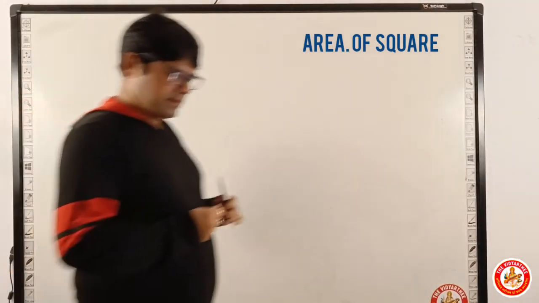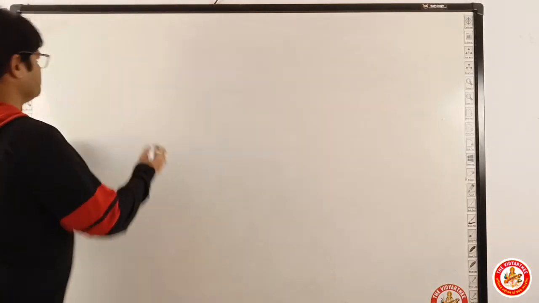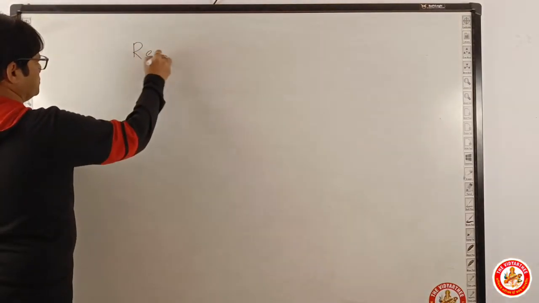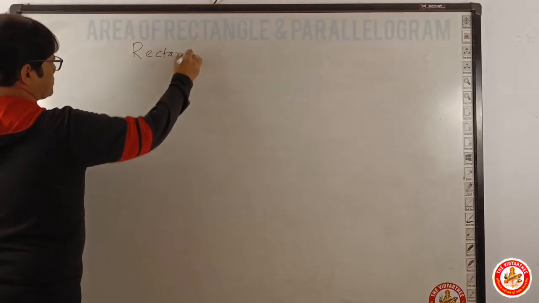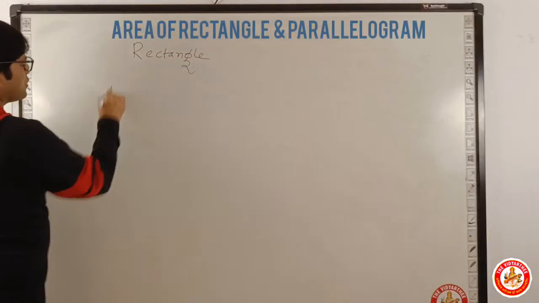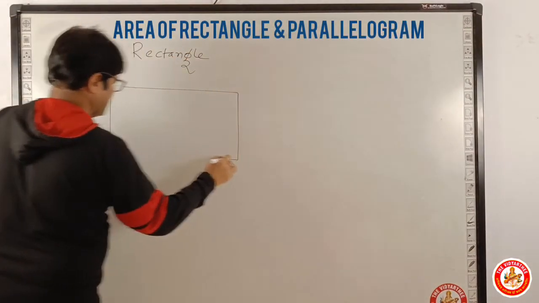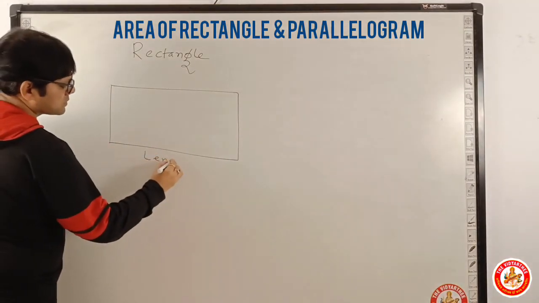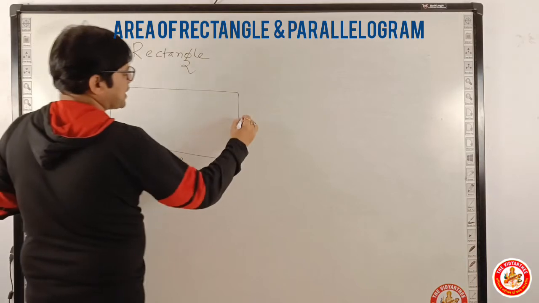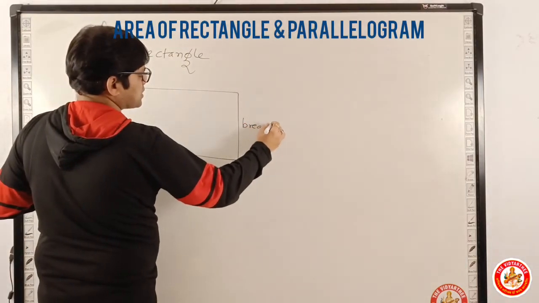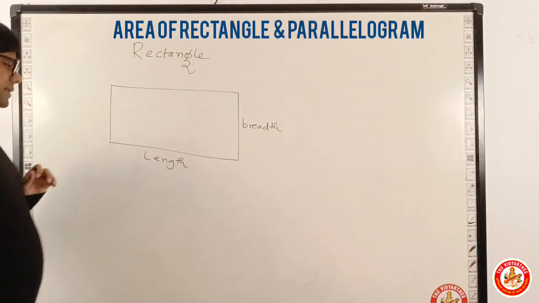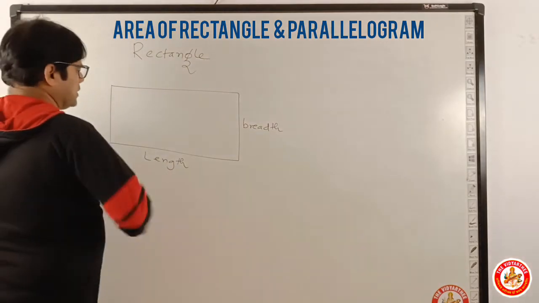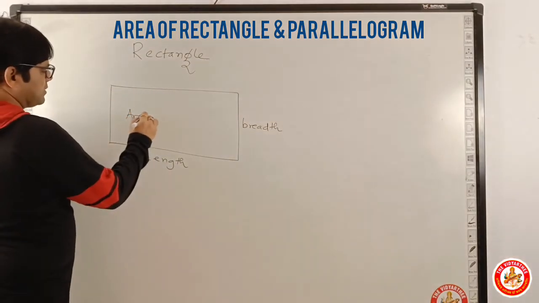Let us take another quadrilateral, that is rectangle. So rectangle has a length, which is the longer side, and a breadth, which is the shorter side. This is how it looks like. The area of a rectangle is very simple.